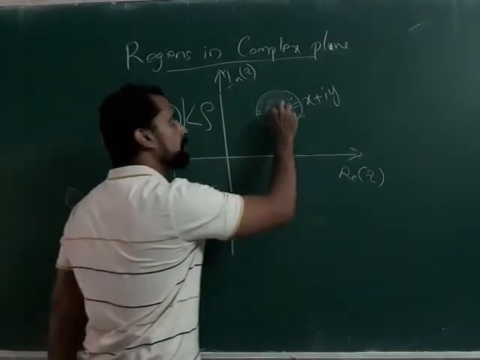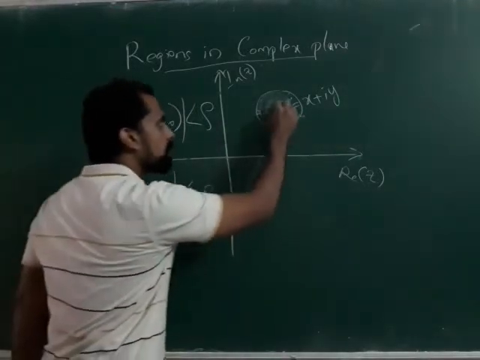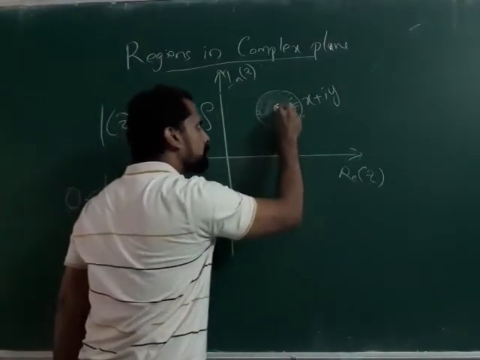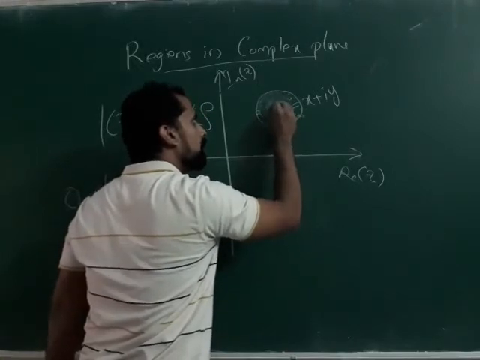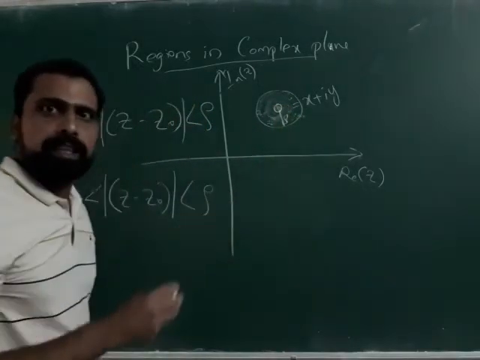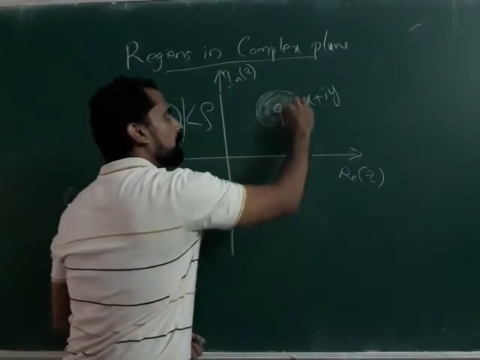That means the positive. Do you understand? So now the region comes like this: this point is not included in the region, and all the rest of the places are.